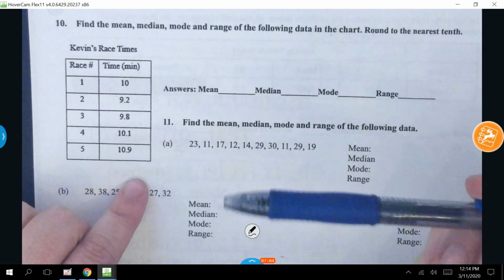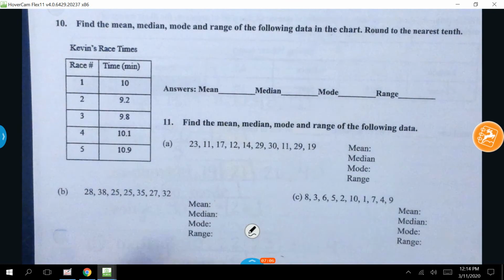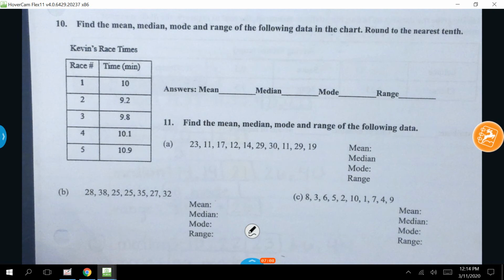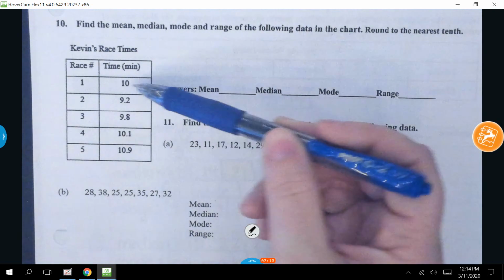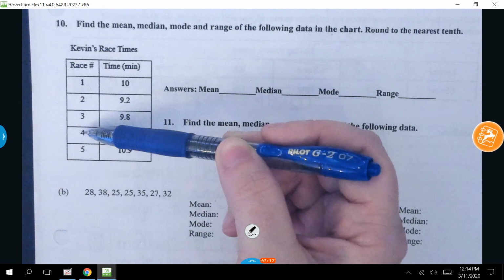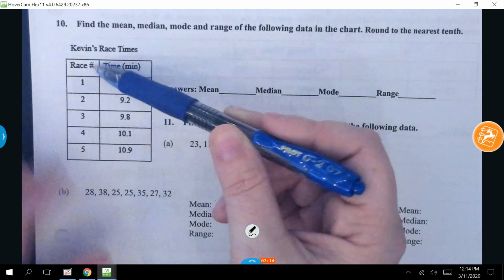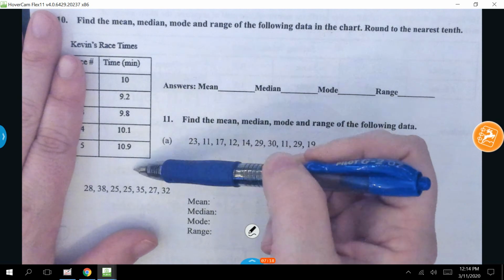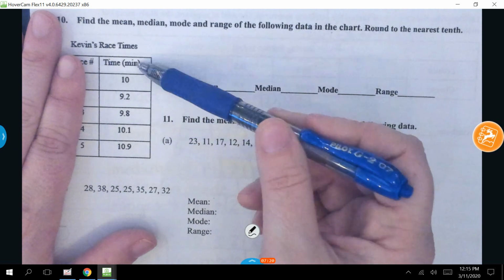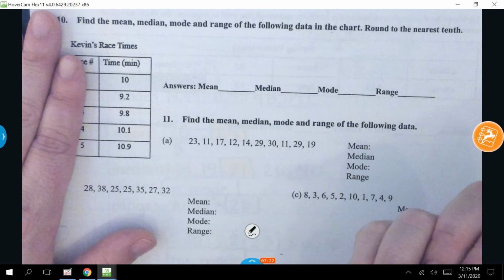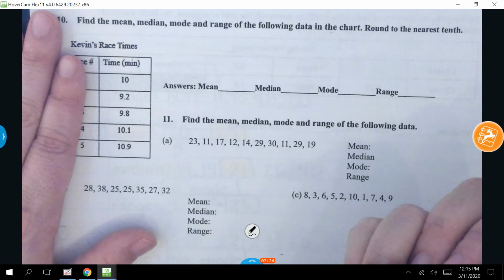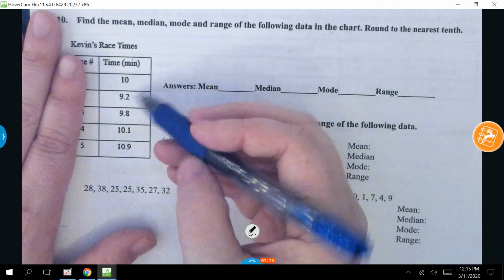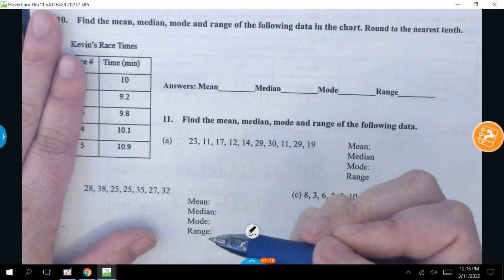For number 10, to find the mean, what do I need to do? Julia? Add all my numbers. Guys, am I adding 1, 2, 3, 4, and 5? No, this is the race number, but the actual time, the actual data is this side. So I'm going to add up those numbers. Raise your hand if you can tell me what we get once you add them. What do we get when we add up our numbers over here in this column?